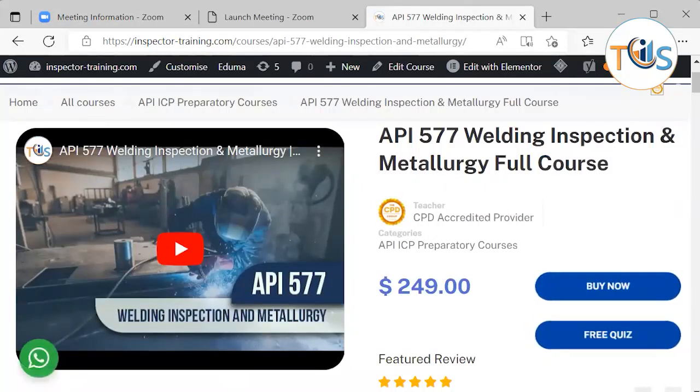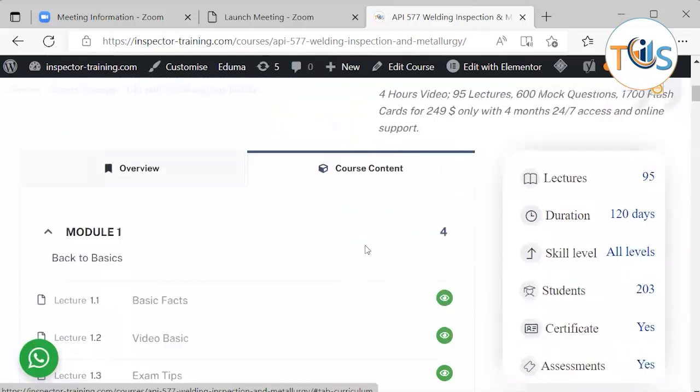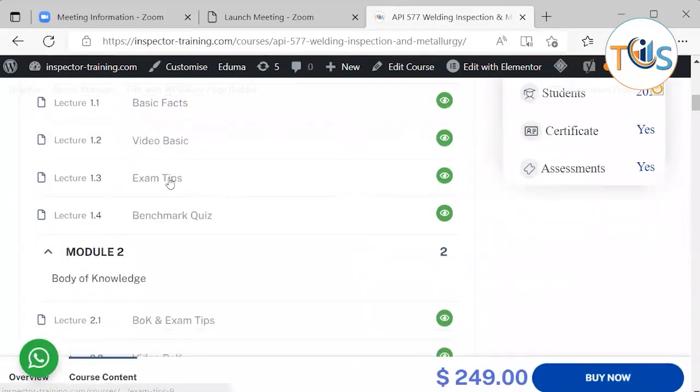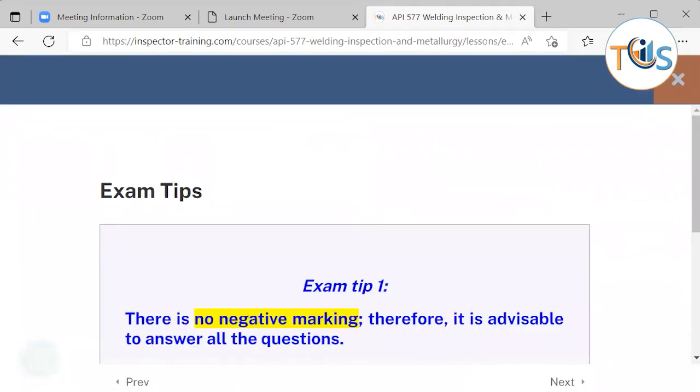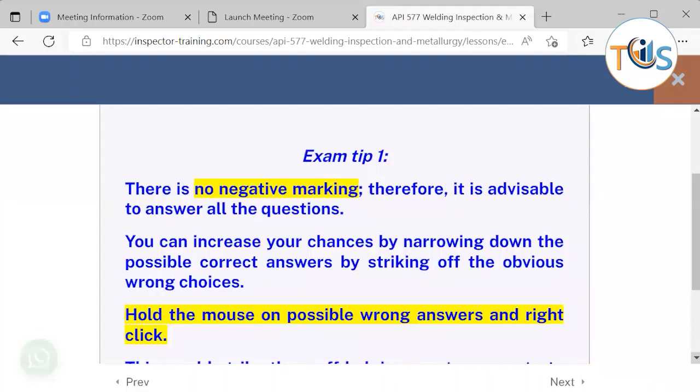Hi, I'm going to go through some exam tips for the API 577 Welding Inspection and Metallurgy full course. You can try our free quiz here, and you can study our first and second module for free. The exam test is on the first module, and there are some useful tips here that I'm quickly going through with you.